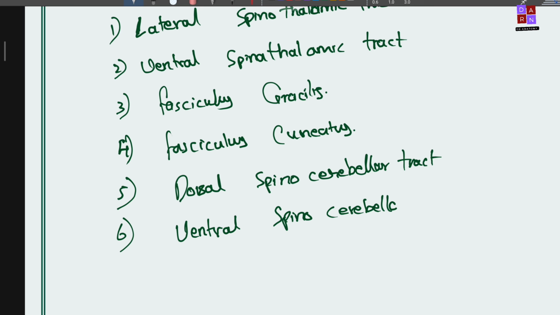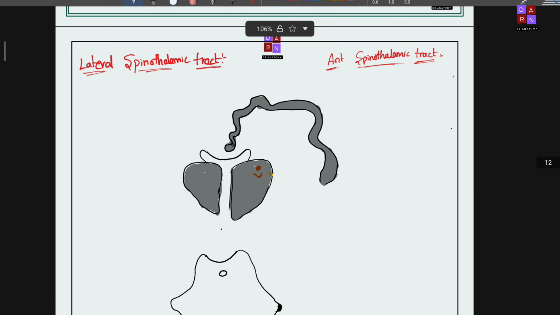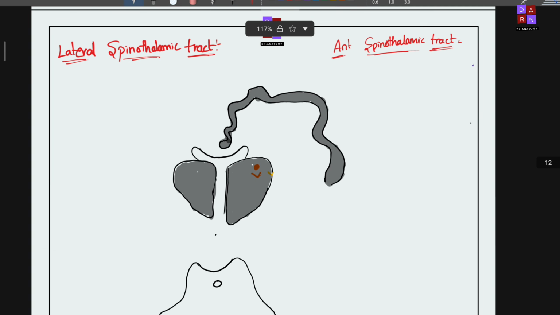The rest are the olivary tracts and tecto tracts. These tracts are the important ones, and we are going to discuss them.